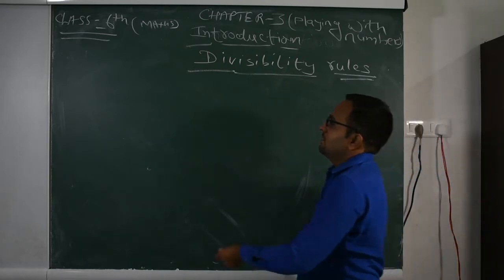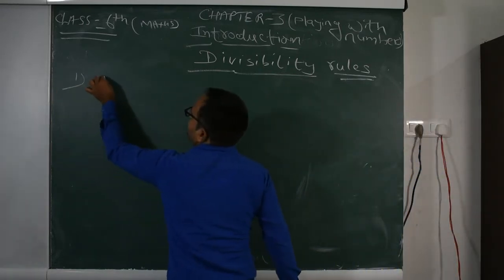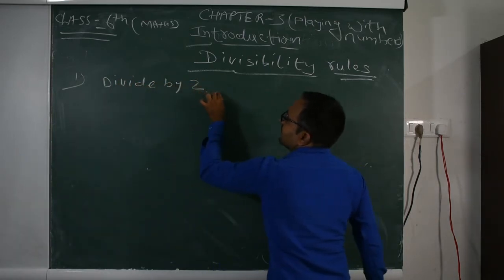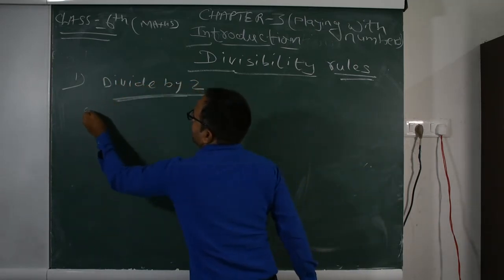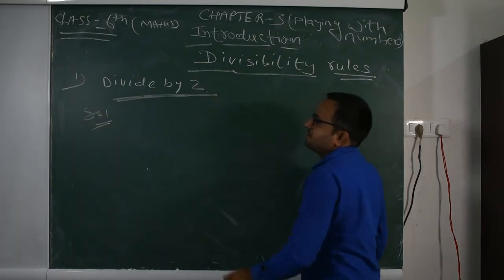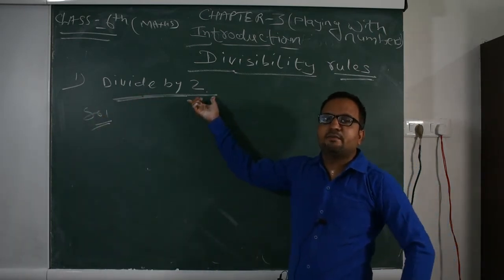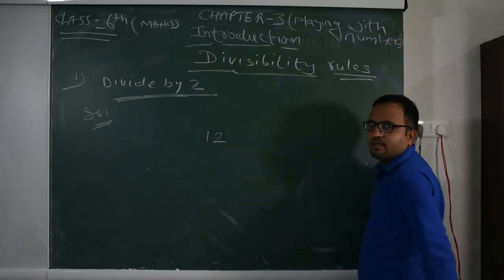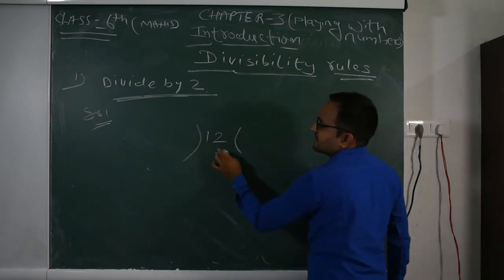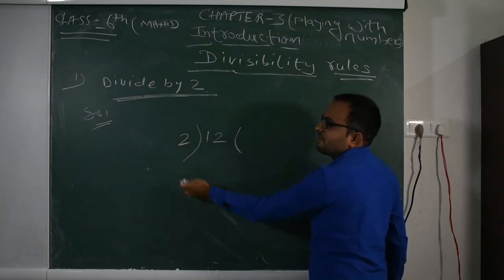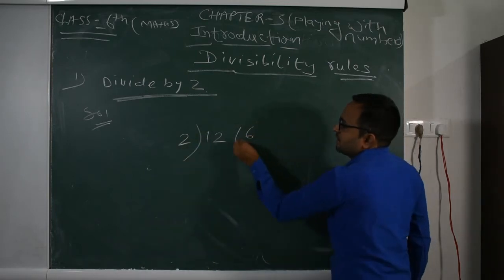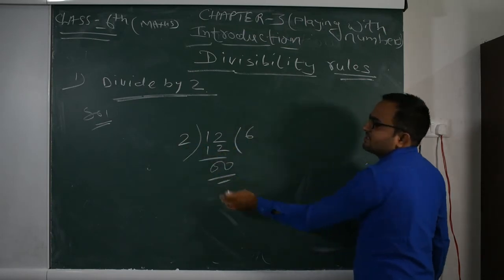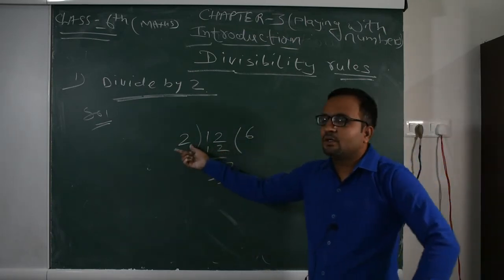The first divisibility rule is divisibility by 2. In this concept we check whether a particular number is divisible by 2 or not. For the first example we take 12. We check whether 12 is divisible by 2 or not. 2 sixes are 12, so 12 is divisible by 2.